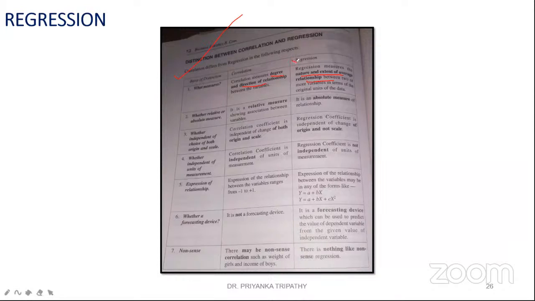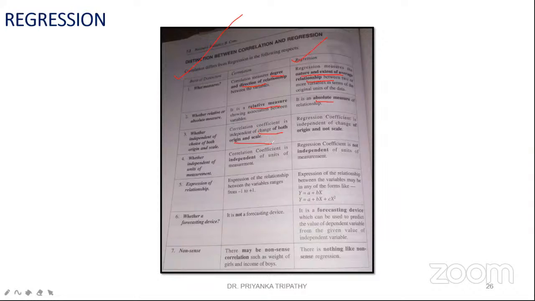Basically, we are trying to mathematically find out the value. Now, correlation is a relative measure which shows association between variables, but regression is an absolute measure of relationship.